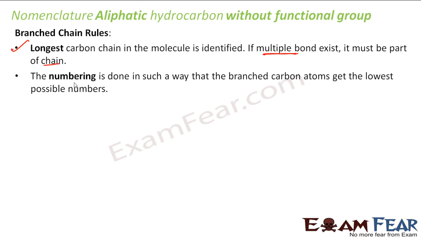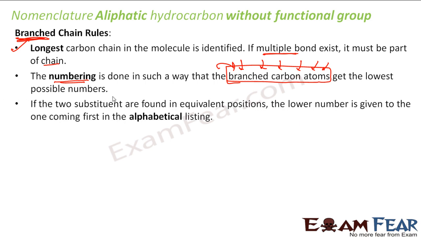The second is the numbering is done for the carbon in such a way that the branched carbon atoms get the lowest possible number. Please note, here the priority is for the branch carbon atom, the alkyl groups linked to this chain. Since we are talking about the branch, branch gets the priority. Make sure the branch gets the lowest number, right?